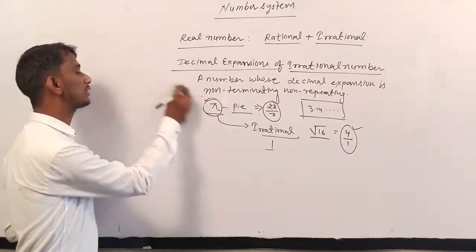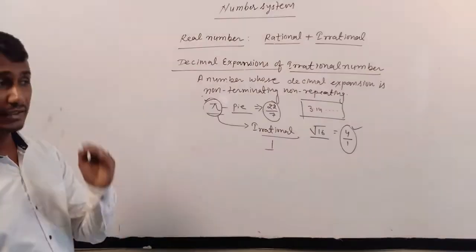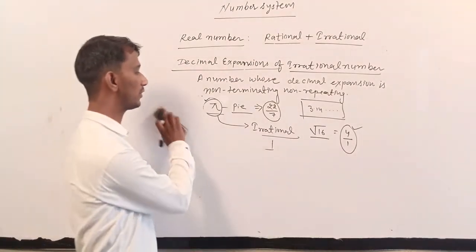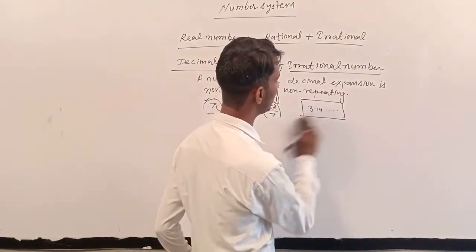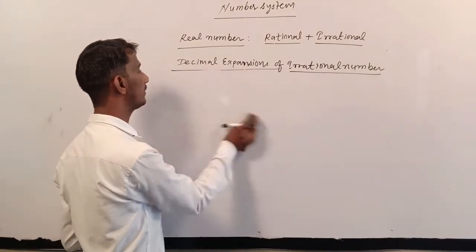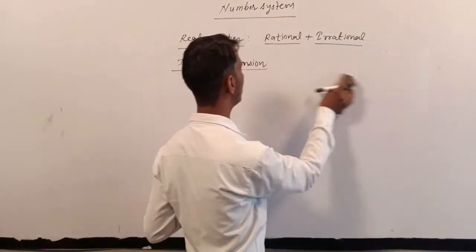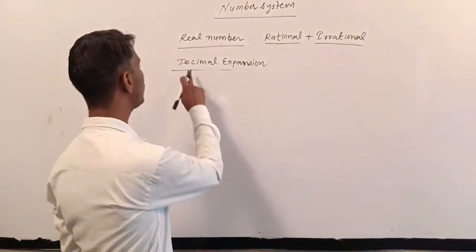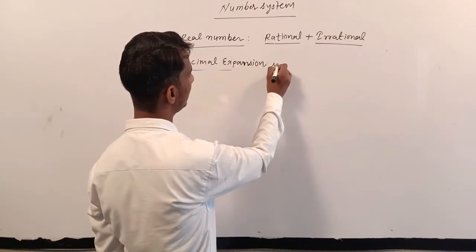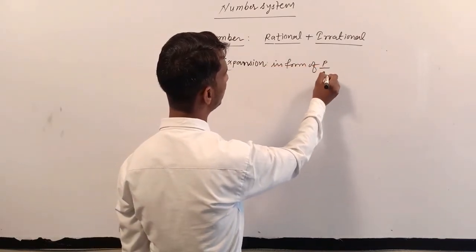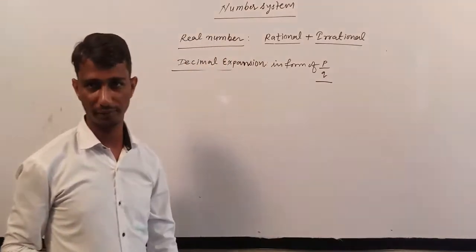Now, how to express a decimal expression as a rational number? This is very important: how to express a decimal expression in the form of p upon q, which means a rational number.